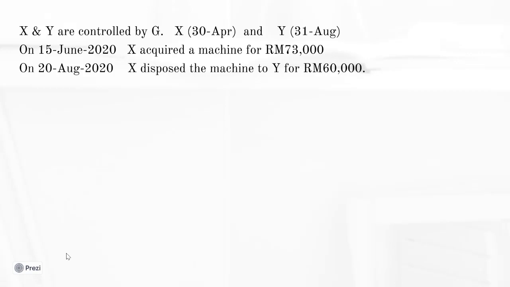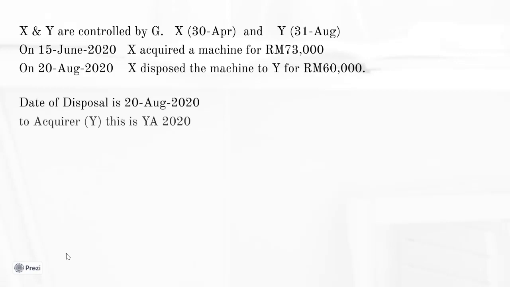Then on the 20th of August 2020, X disposed it to Y. Because X and Y are both controlled by G, this fulfills the para 38.1 condition. The date of disposal is 20th of August 2020. So to the acquirer, this is year of assessment 2020. Am I right? Because your year end is 31st August.